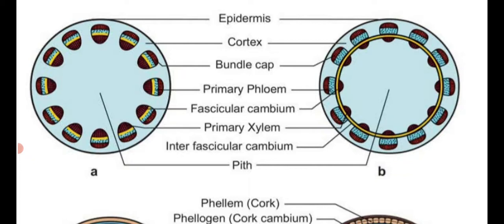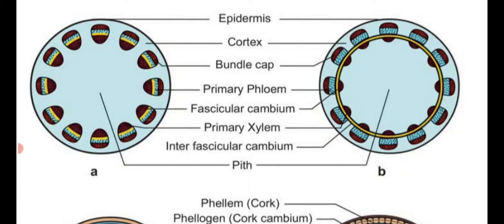It means between the vascular bundles. So both interfascicular cambium and intrafascicular cambium join together to form a ring-like structure called the vascular cambial ring.